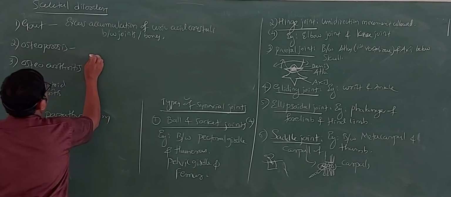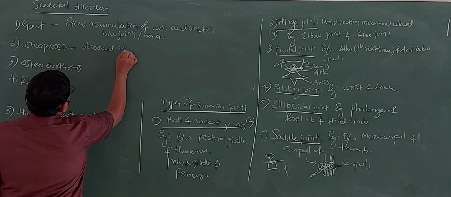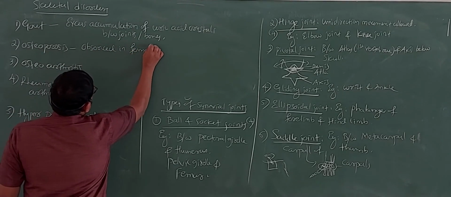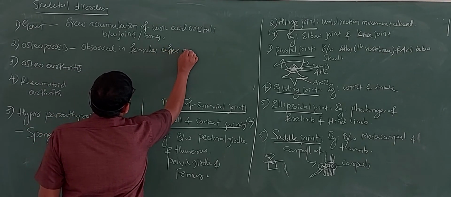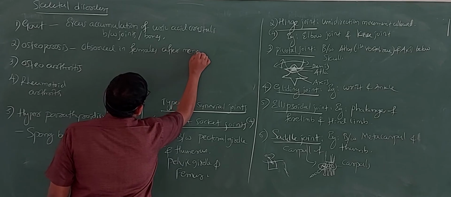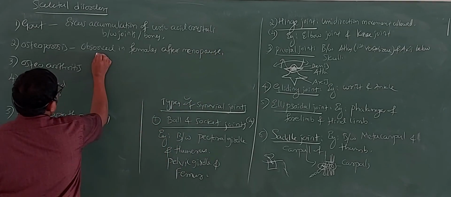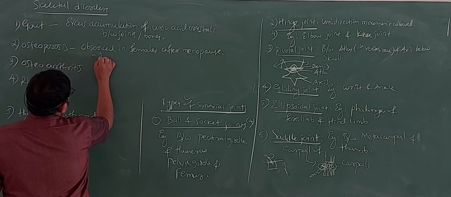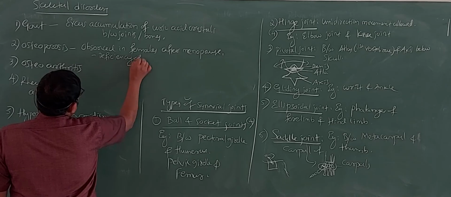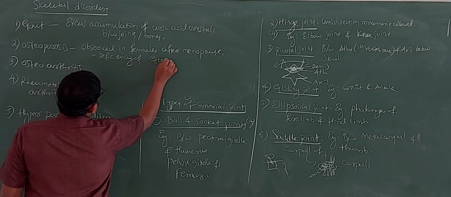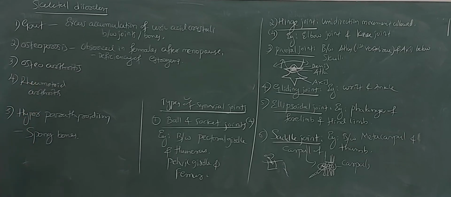Osteoporosis is mainly observed in females after menopause. This leads to a deficiency of estrogen hormones, which also affects their body metabolism.